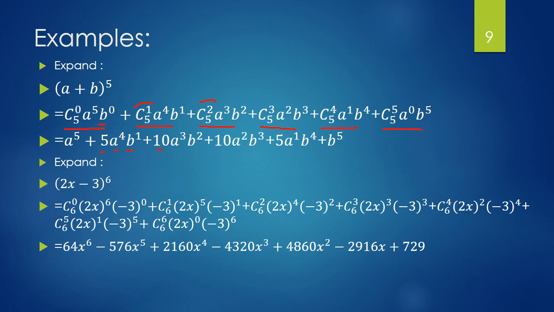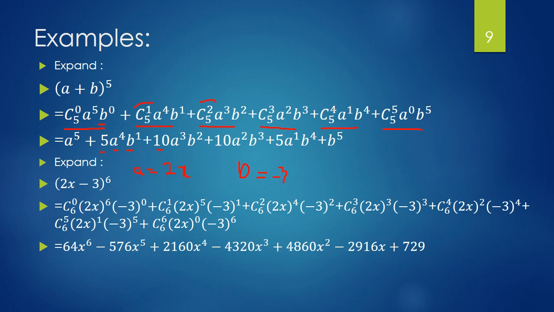Second example, expand (2x - 3)^6. Here a is 2x and b equals minus 3.